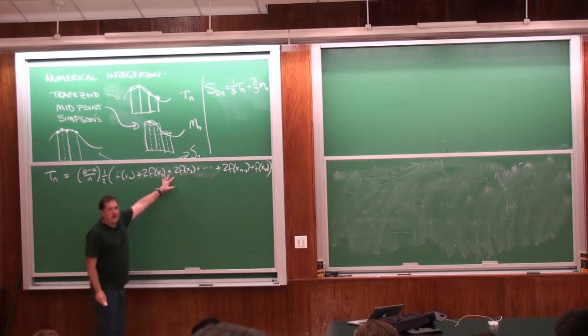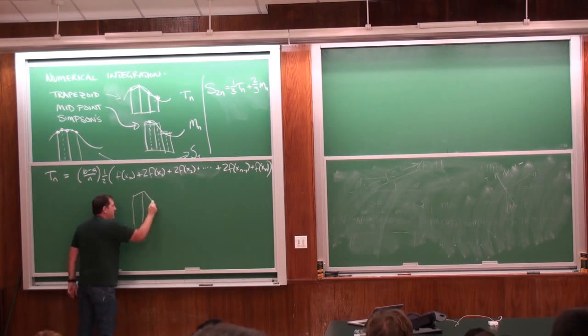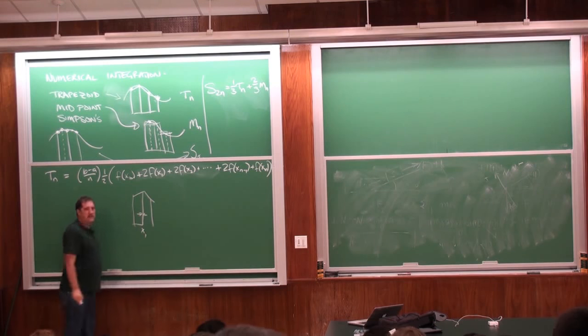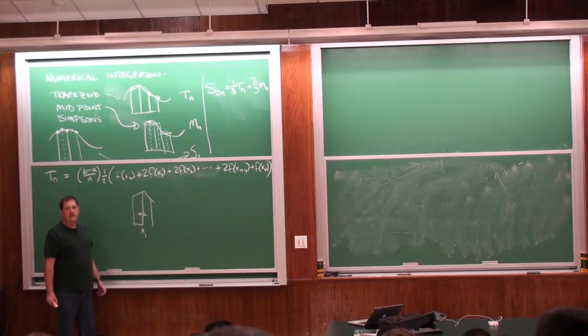The reason they're doubled is because when I have a trapezoid like this sitting next to a trapezoid like this, the point whose height is f of x1 gets counted twice. So I get a 2 for everybody in the middle because you count it from the right, you count it from the left.